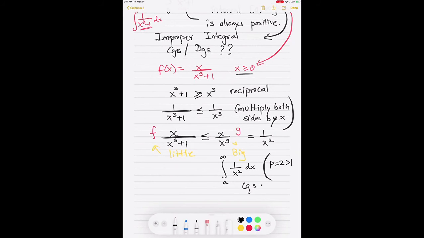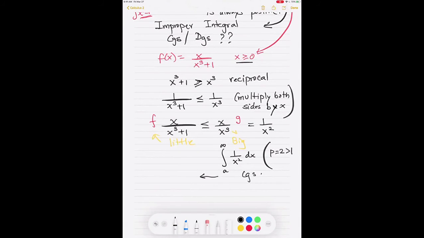So if the big guy converges, then the little guy, and I'll pause here. So questions. Fill in the blank for me: because the big guy converges, the little guy converges or diverges? Converges. Very good. And how do you come from here to here? Oh, you're going to say by the comparison test.